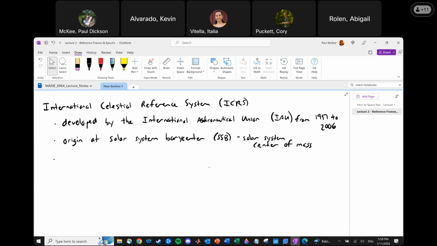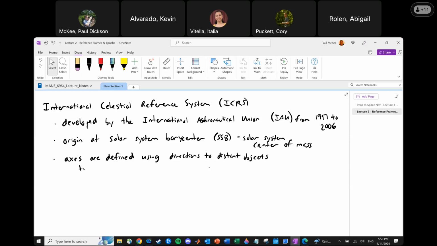So then the axes, the basis vectors, are defined using directions to distant objects.